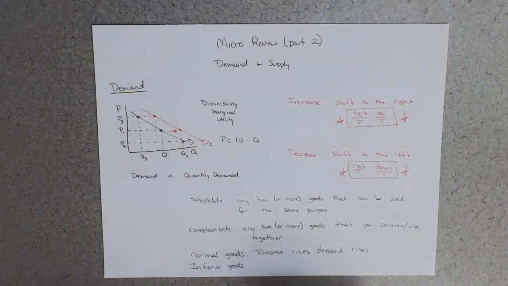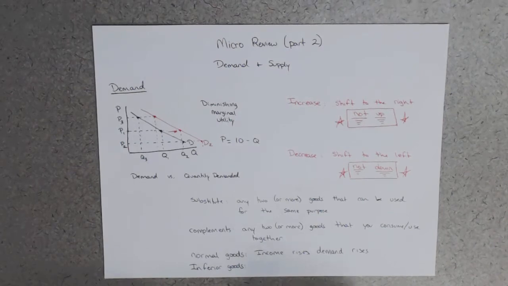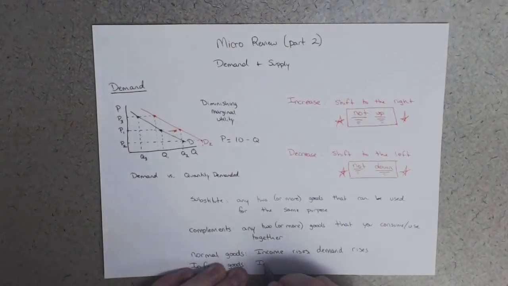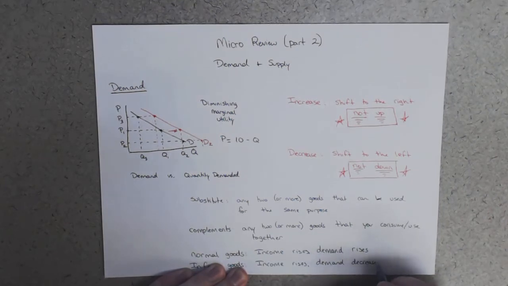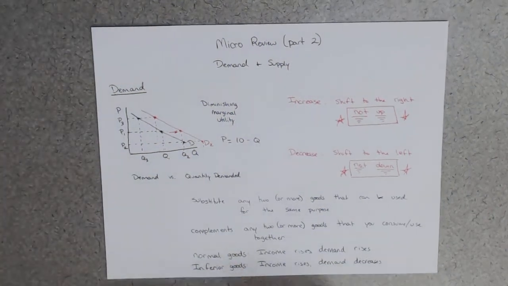An inferior good is literally just anything that as your income rises, you buy less of it. So income rises, demand decreases. And that's all it is. It could be anything.